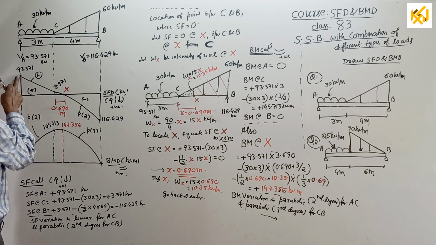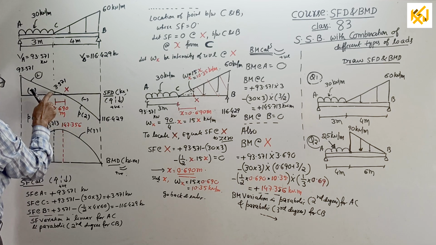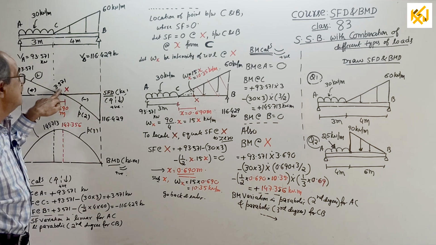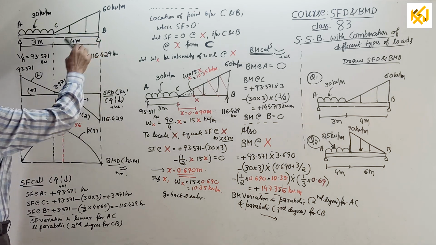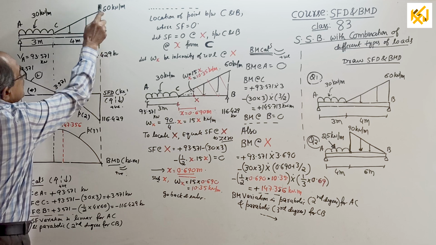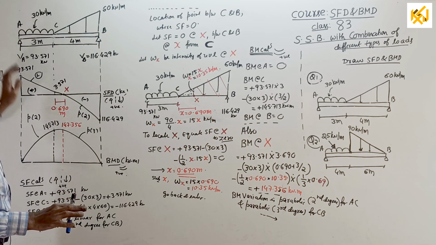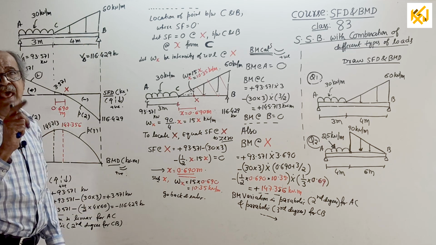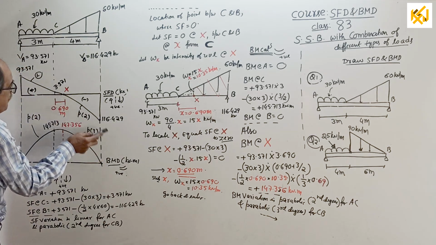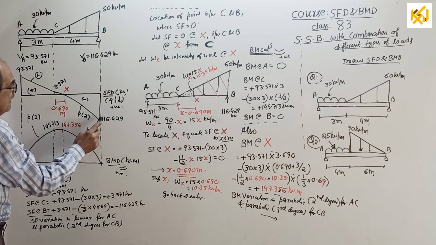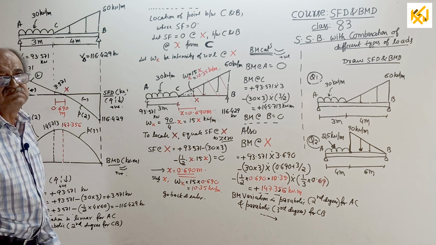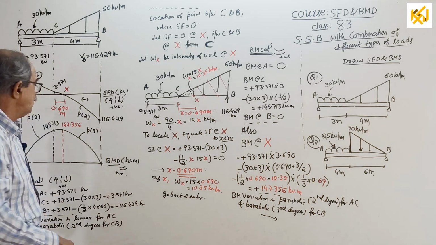From 93.571, come down by 90, still you are above the baseline by 3.571. Then from C to B, again come down by half into 4 into 60, that is 120 kN. But remember UVL, therefore parabolic variation. So parabolically come, you reach here, and then lastly go up by 116.429.